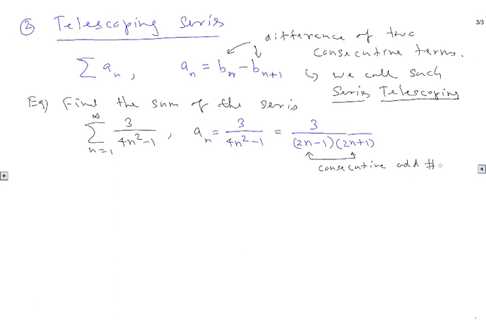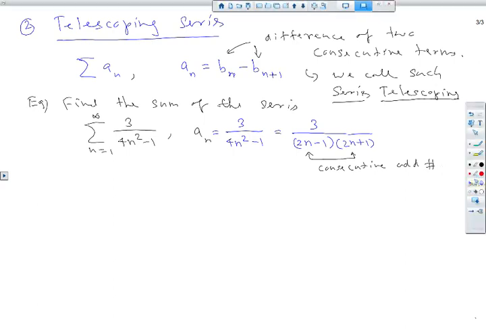That means we get something. Since they are consecutive, we can go with the argument, because you may be able to write this as a difference of 2. So we're going to use the partial fraction method.